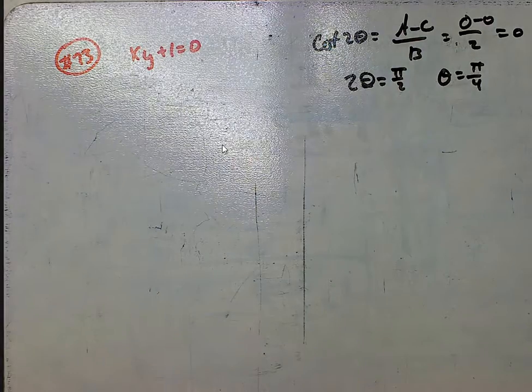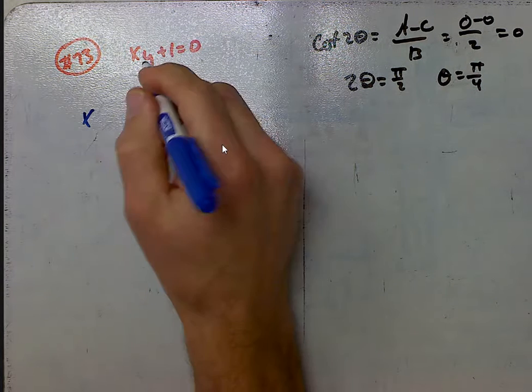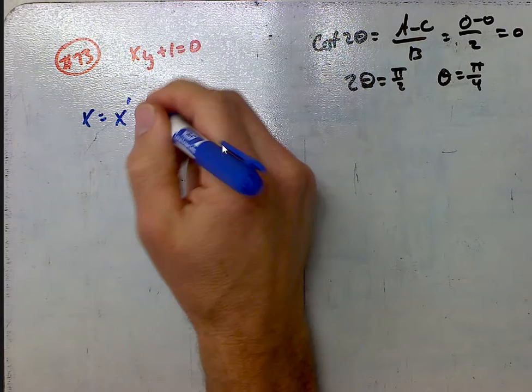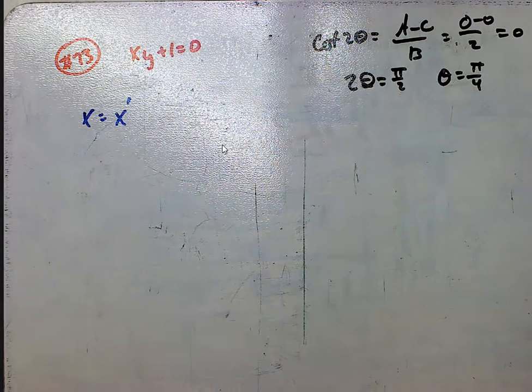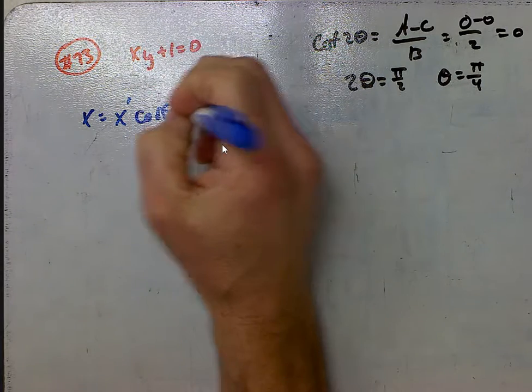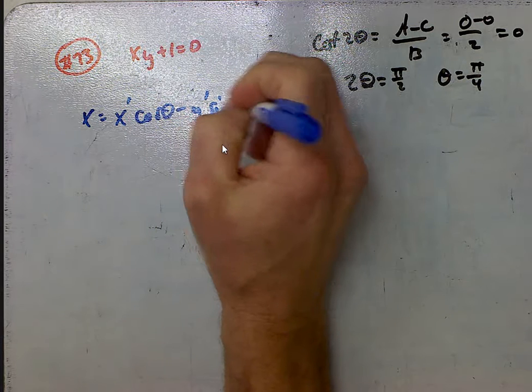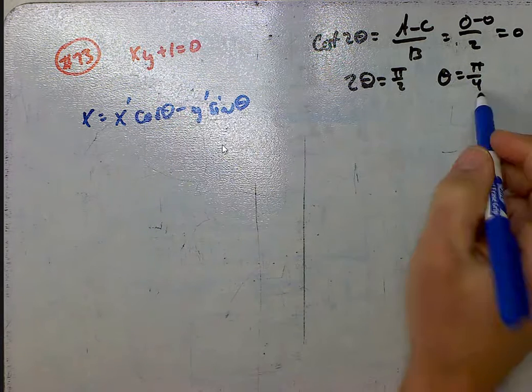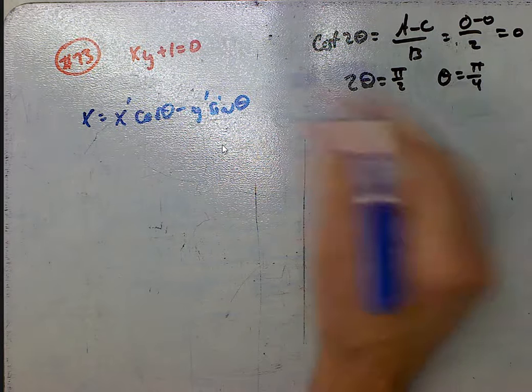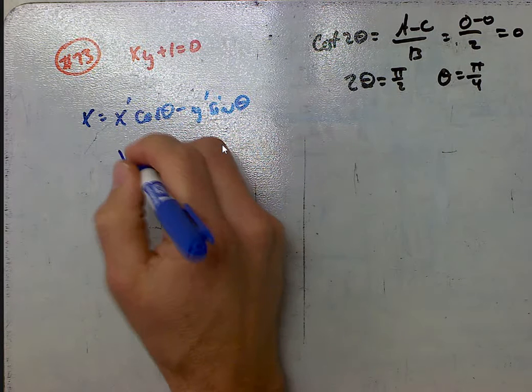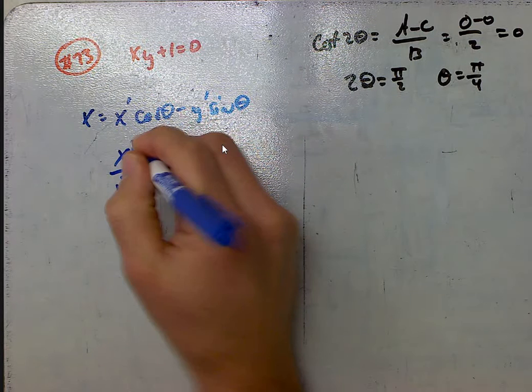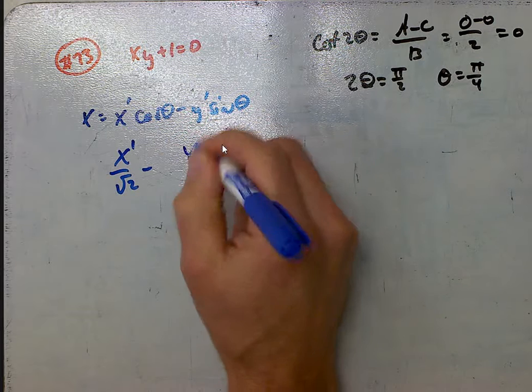Okay? Now I'm going to go into finding x prime, y prime. So again, by definition, x is going to be x prime cosine theta minus y prime sine theta. The cosine of pi over 4 is 1 over square root 2, so it makes x prime over square root 2. Sine is also 1 over square root 2.